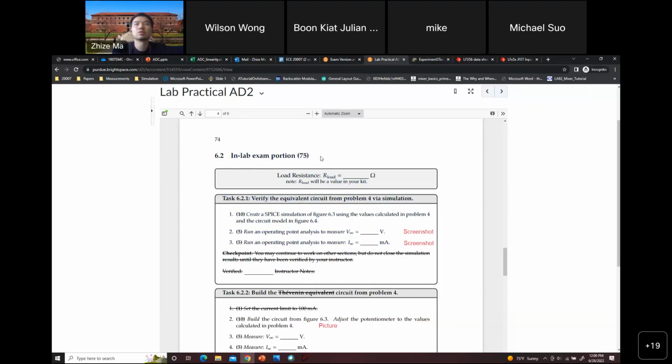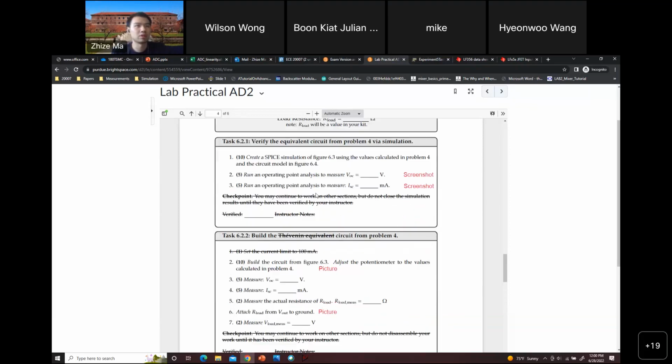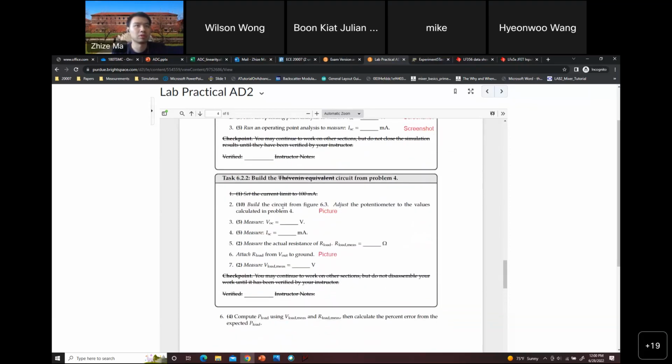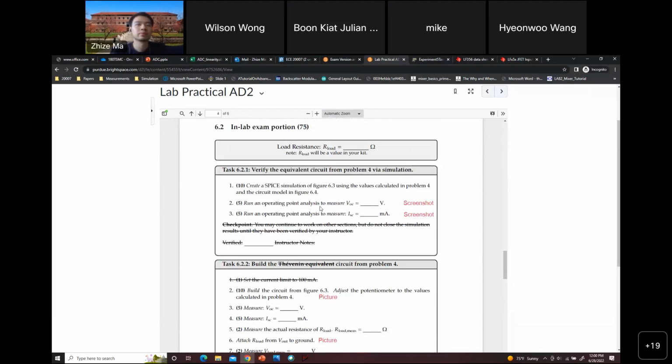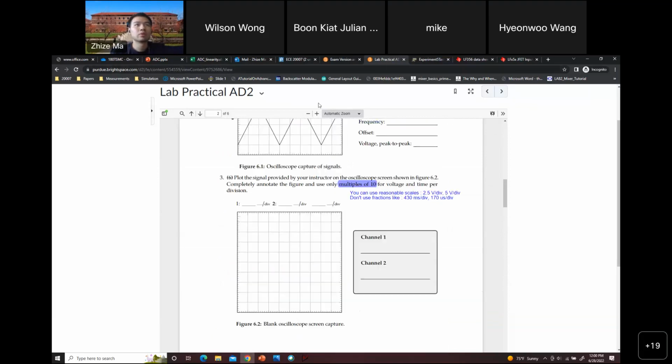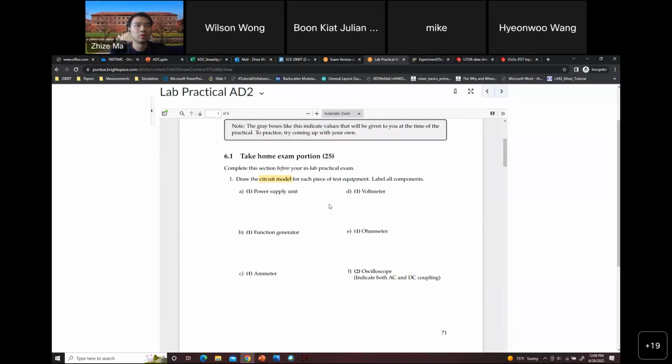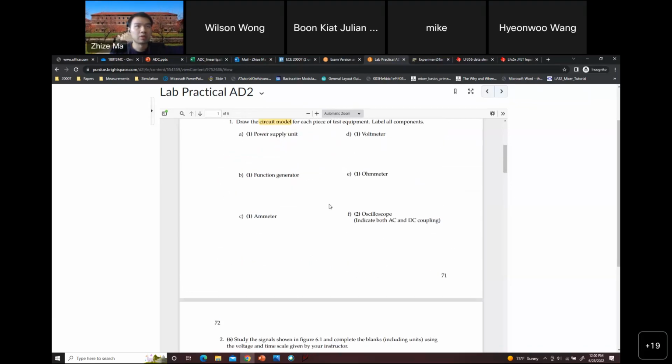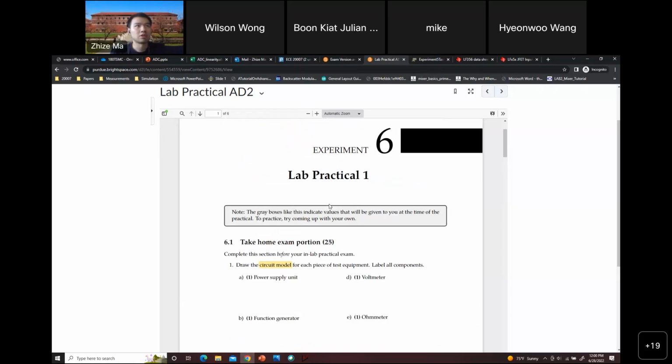Are we going to have to use the 82 for the in-lab portion? Yeah, you will use the 82, for the mystery signal, right? Yes. So the exam version values will open up after you're done with the take-home portion? Yeah.